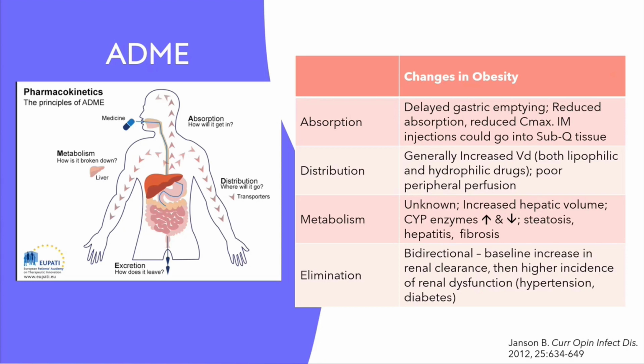And then on the flip side of that, you obviously can see a higher incidence of renal dysfunction. So certainly the longer that someone has obesity and develops comorbidities, if they develop hypertension over time or diabetes-induced nephropathy, is where you can see a decrease in renal clearance over time.